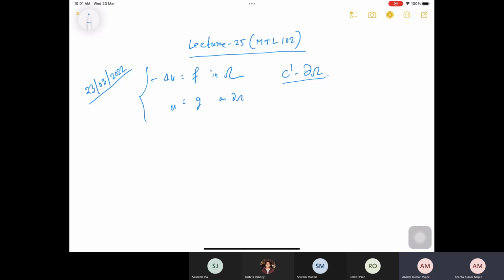Okay, so what we have seen is that, suppose u is a solution to this problem, then we incorporate the fundamental solution phi.